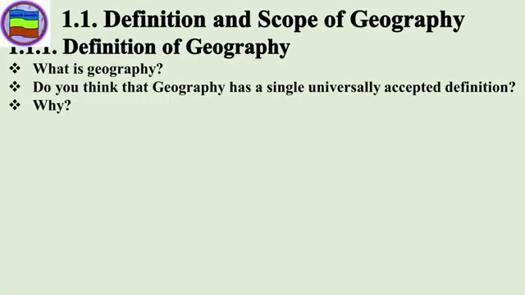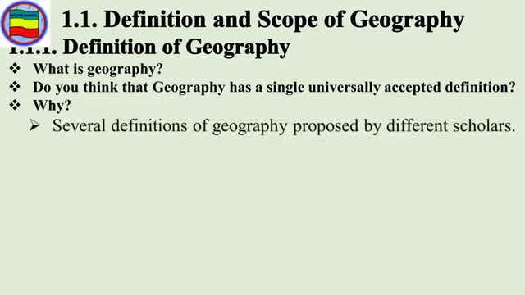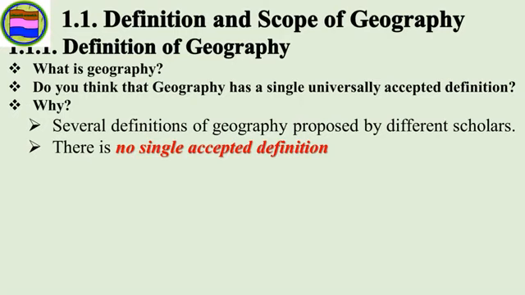The reason is that several definitions of geography have been proposed by different scholars; different geographers define geography in different ways. There is no single accepted definition, meaning different people can define geography in different ways.